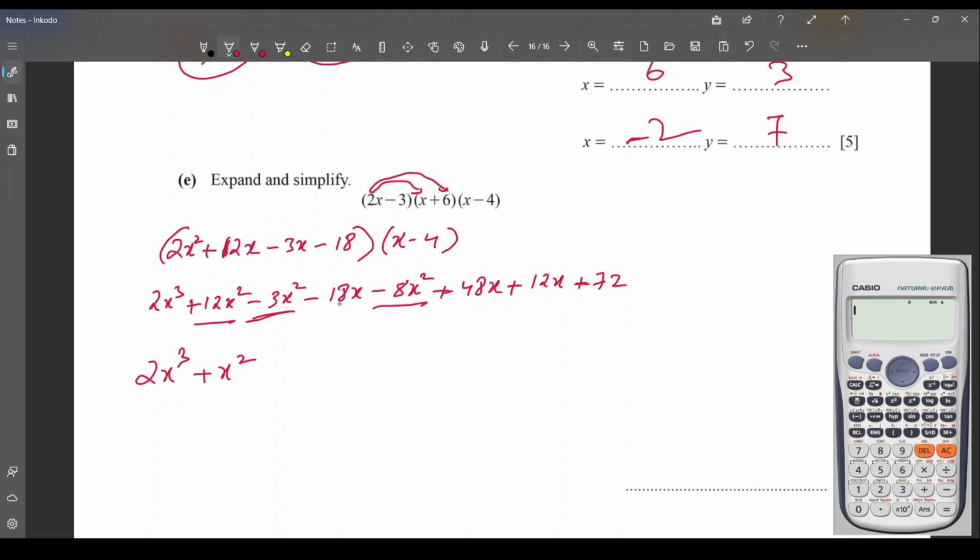So 18x and 12x gives you 12x. There is a subtraction here, so minus 6x, and 42.